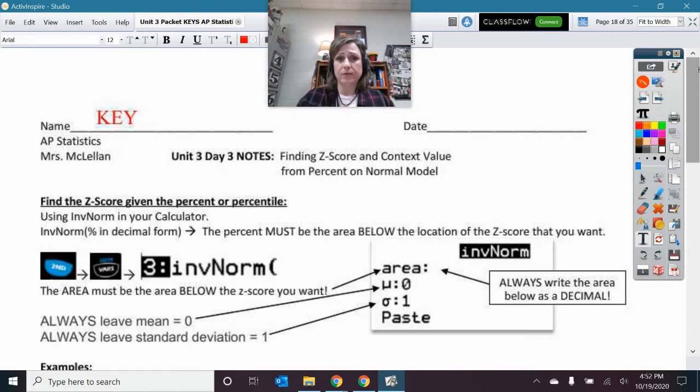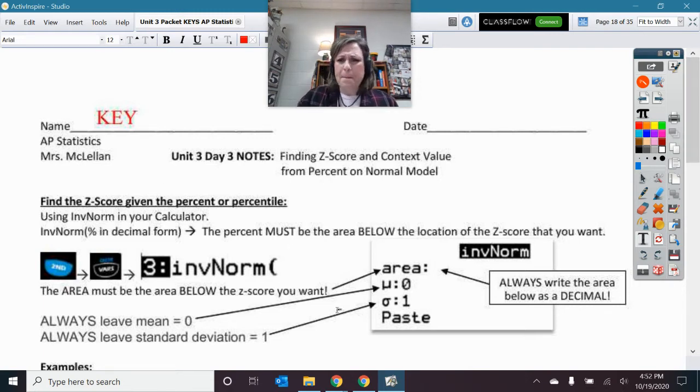Well, now we'll be given those percentages or percentiles, and we're going to go backwards. If we're given a percent, then we're going to get that z-score from it, and then ultimately find the context values for those sections. So let's take a look at what that means.